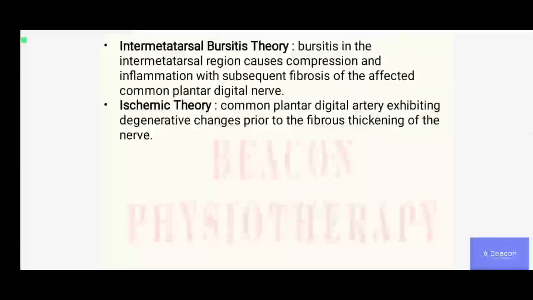Intermetatarsal bursitis theory: bursitis in the intermetatarsal region causes compression and inflammation with subsequent fibrosis of the nerve.